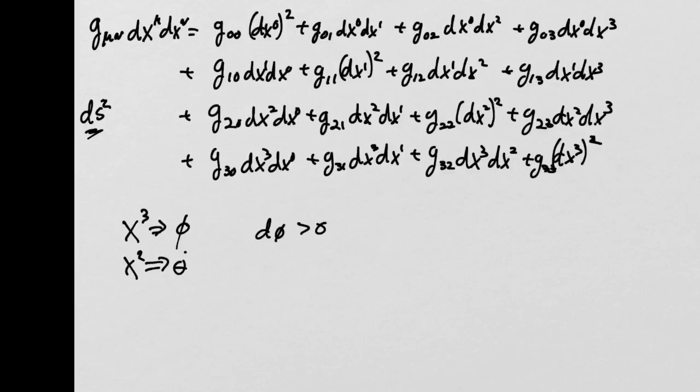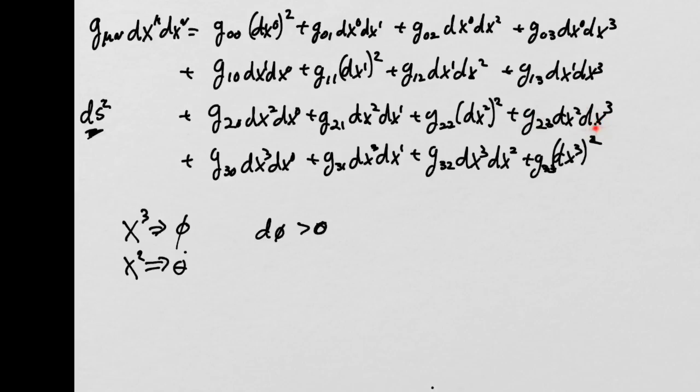So if d phi is greater than 0, you'll generate a little line element everywhere you see a dx3. Here you'll see one, here, here, and here. Anywhere you see that, you'll have a little positive factor contributing to that term.